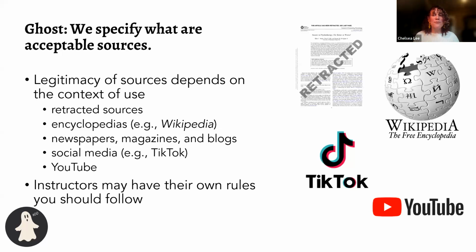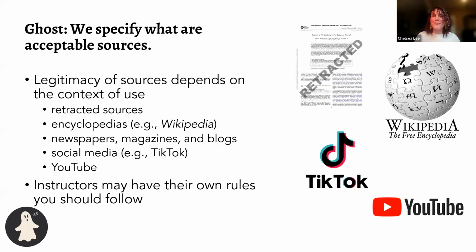And so maybe you're writing a paper about ethics in publication, and you can discuss how certain authors fabricated data and then had their article retracted. You would be able to refer to that source in that context because it makes sense. You wouldn't want to use a retracted source to bolster your claims, because the whole point of the retraction is that you shouldn't be doing that. So just looking at the context is key.